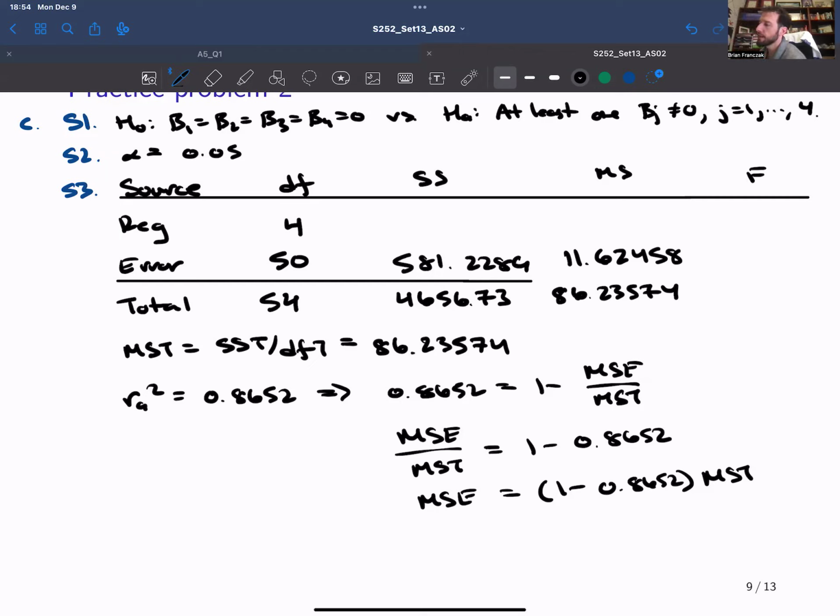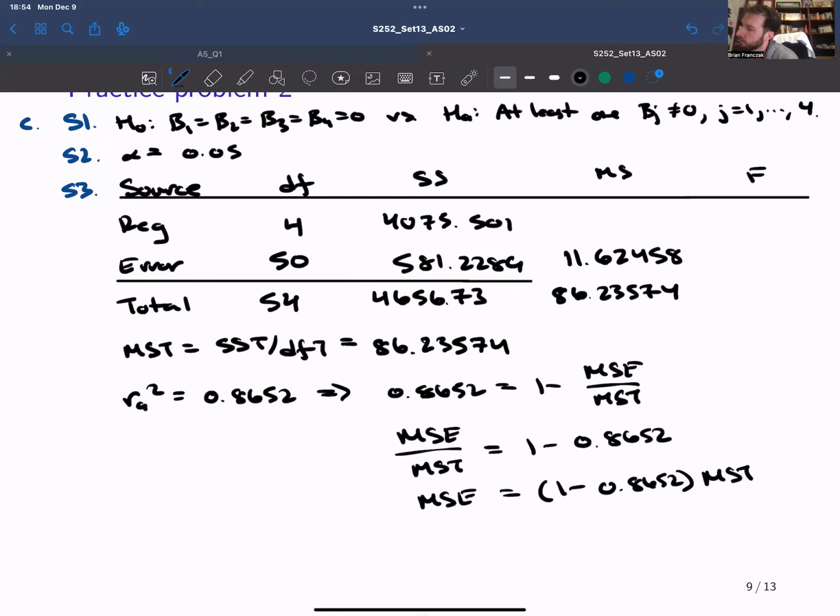Okay. And then the SS regression is going to be the difference between 4,656.73 and the 581.2289 that we just computed. So that gives me 4,075.501.